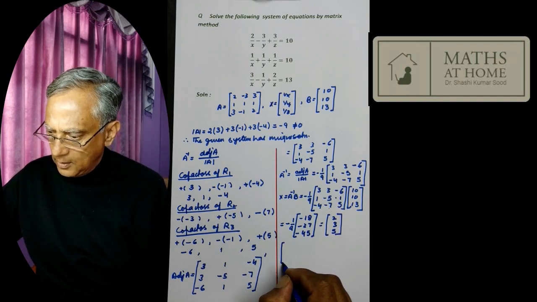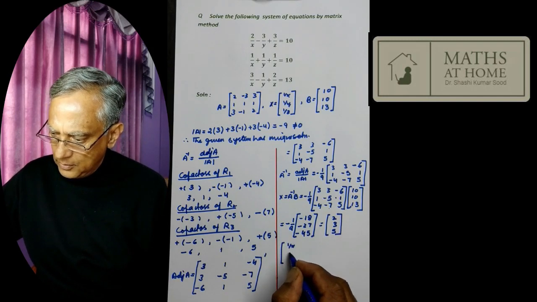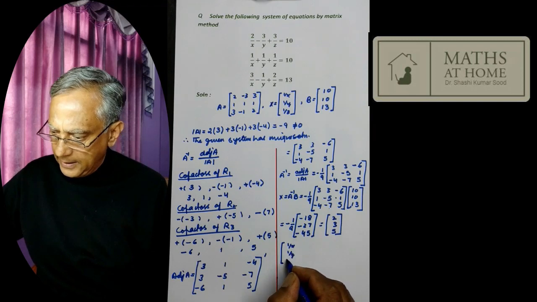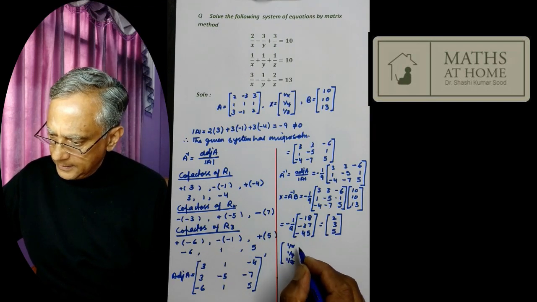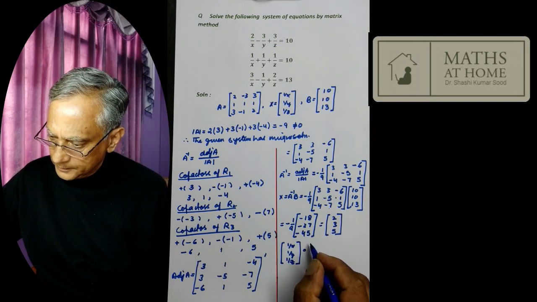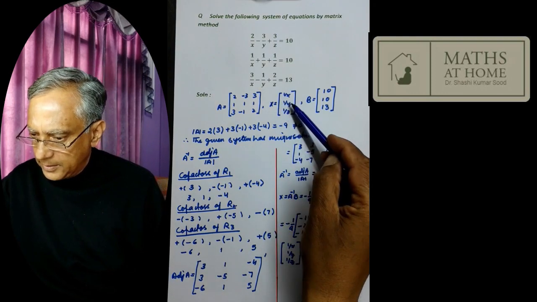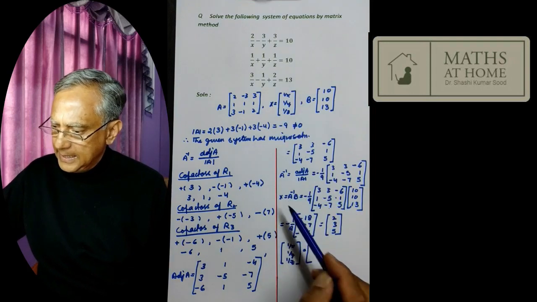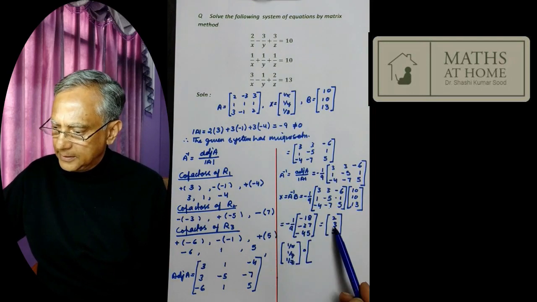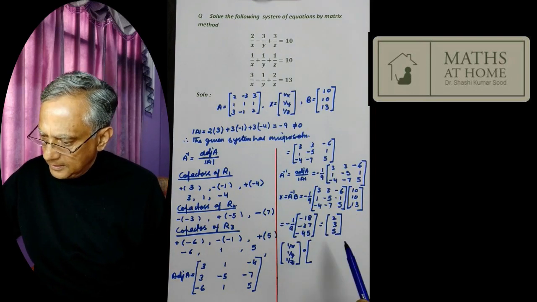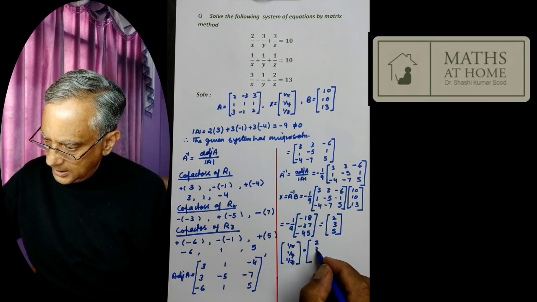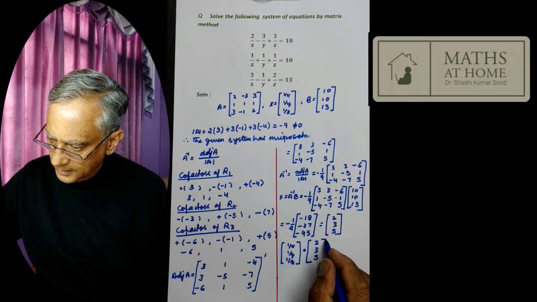Therefore, 1 by X, 1 by Y and 1 by Z is equal to this matrix, 2, 3 and 5.